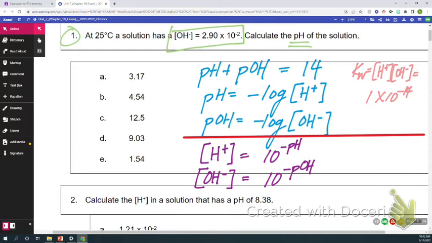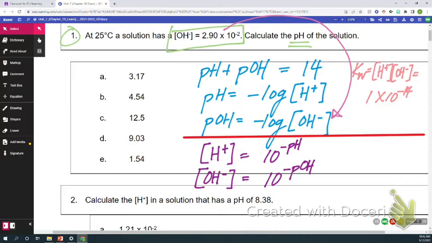Okay, how do you do it? So what I would do is this. They give me OH minus. What I can do is I can plug that right into here and I can get pOH. Once I get pOH, I can subtract from 14, and that's pH.